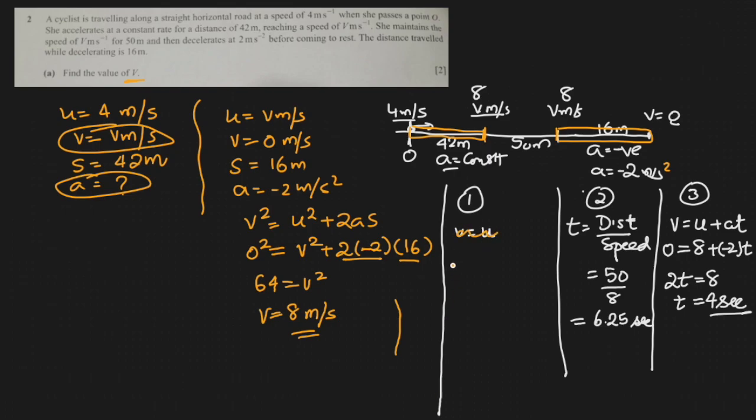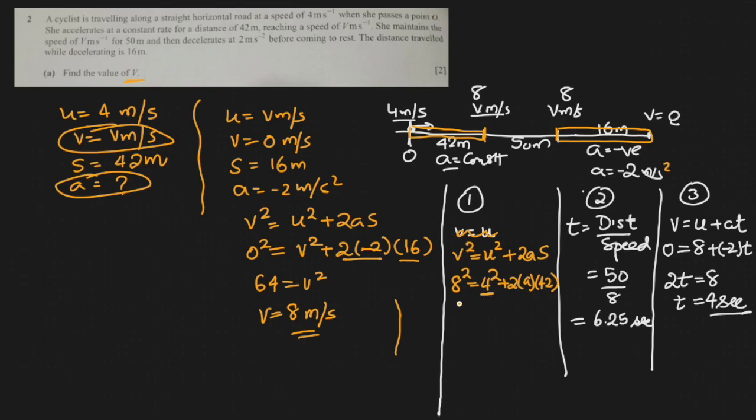So in this we will use v square equal to u square plus 2as. v is 8, u is 4, plus 2 times, we don't know acceleration, but we know that it went for 42 meters.